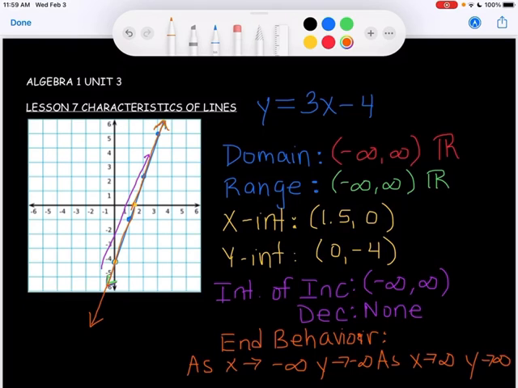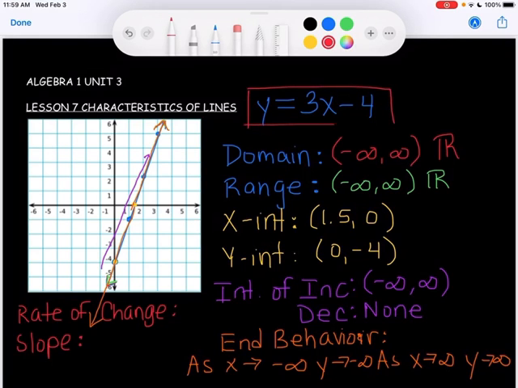One last thing is rate of change. Rate of change, or ROC, you'll see sometimes, is just a fancy word for slope. So for a line, you can pick two ordered pairs and do the slope formula, or you can just pick two points on the graph and count rise over run. But in this case, since we have the equation, we already know what our slope is.